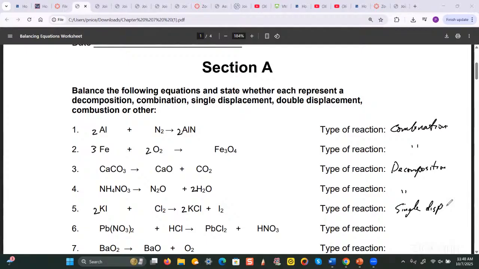All right. And then we get to number 6. How would we go about balancing this equation?